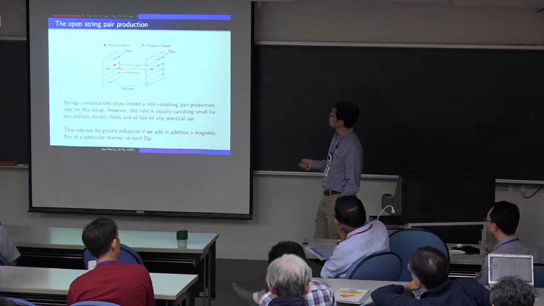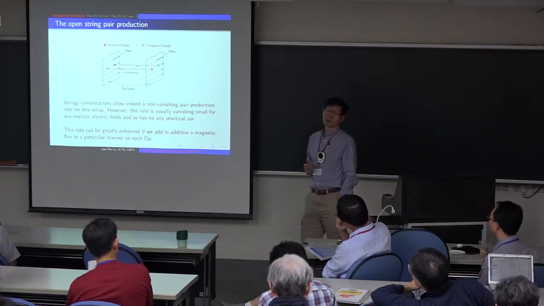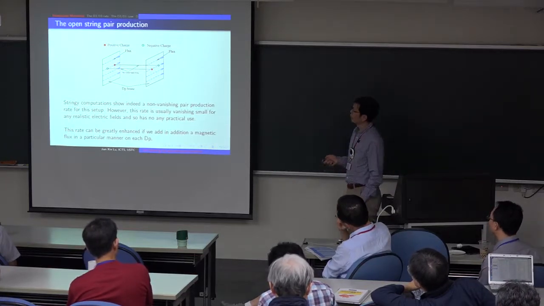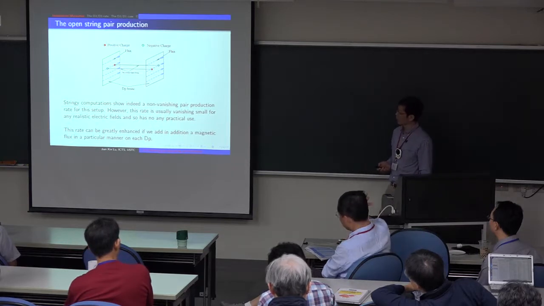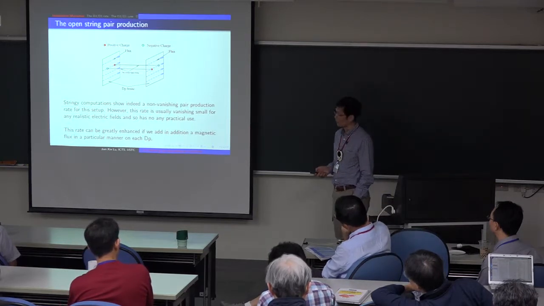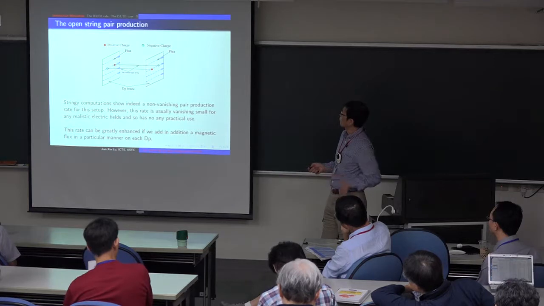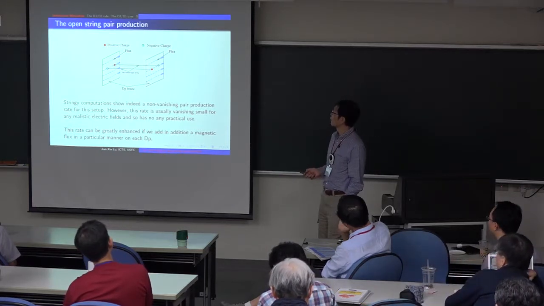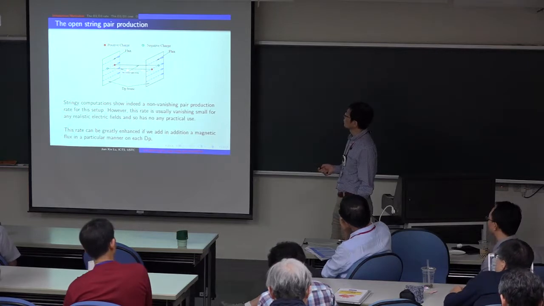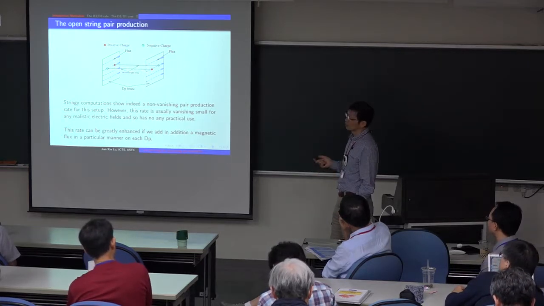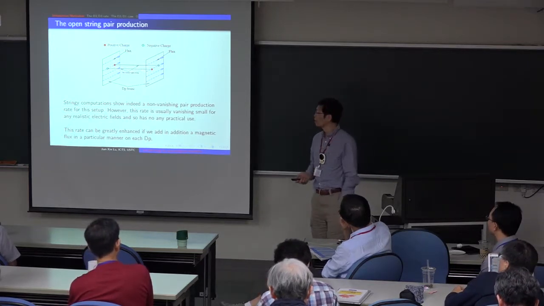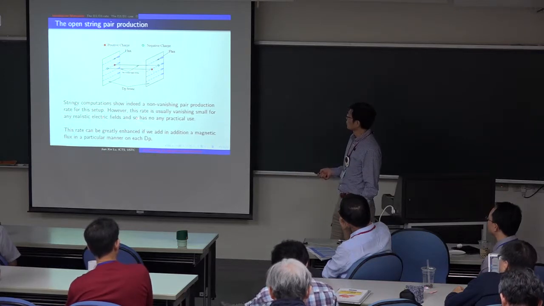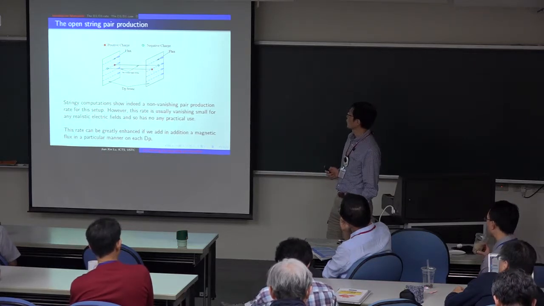By the same token, this one will be pulled outside. So certainly we have certain probability to create the pair production without even doing any calculation. But for a realistic electrical field you apply, if you calculate the pair production rate, you find the rate is vanishingly small. So in that sense, we don't have any practical use.